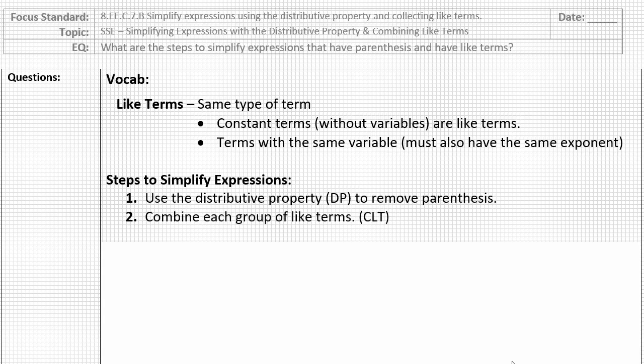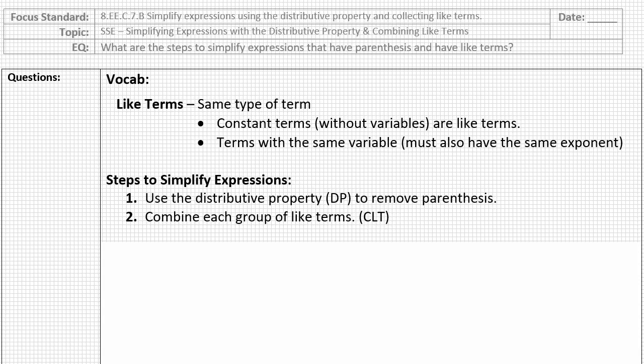The second step is to combine each group of like terms. So using our vocab from up here, looking for the terms that have the same type, either constant or variable, and combine them accordingly. We will abbreviate that step with the letters CLT for combine like terms.